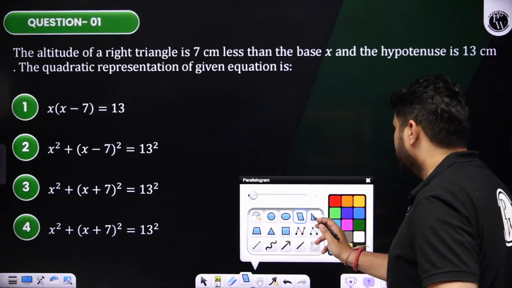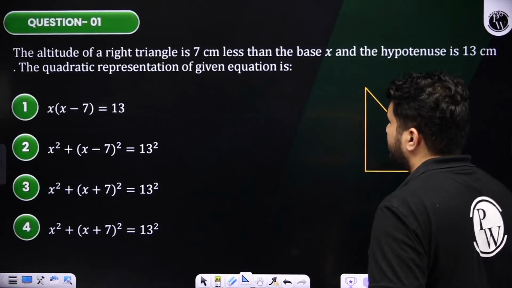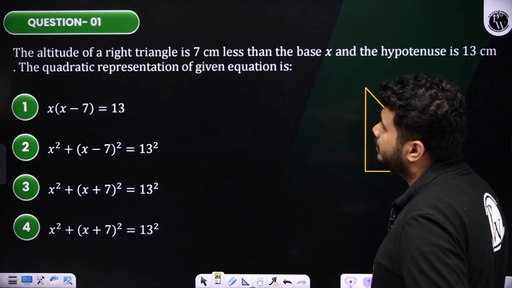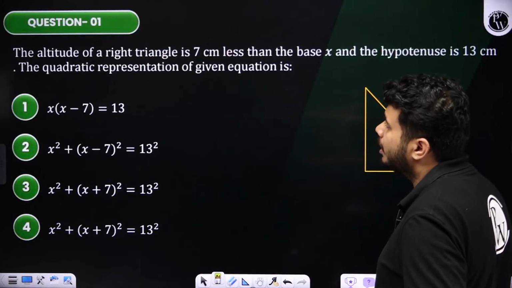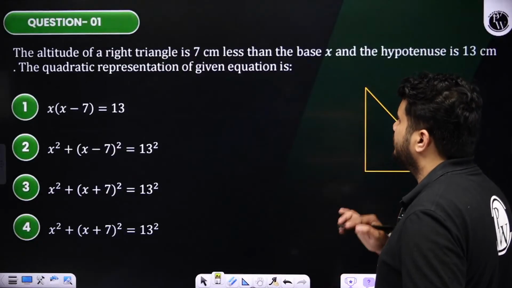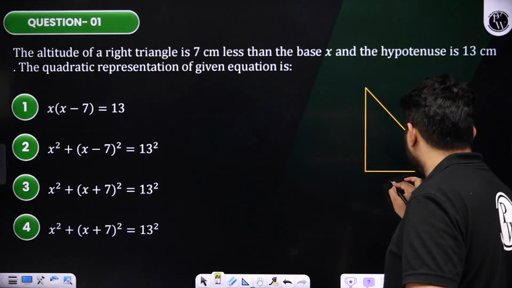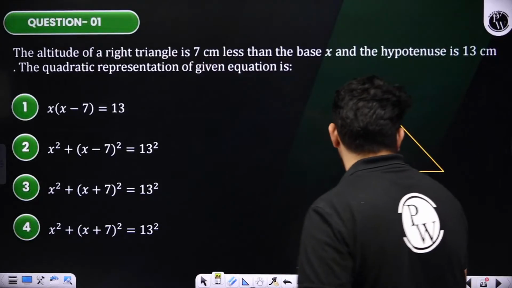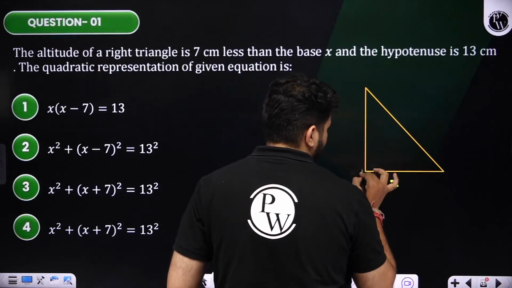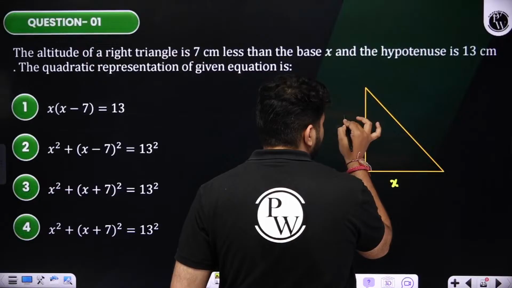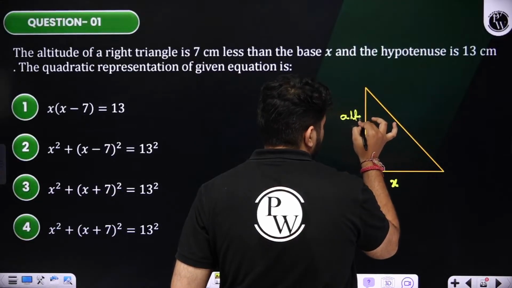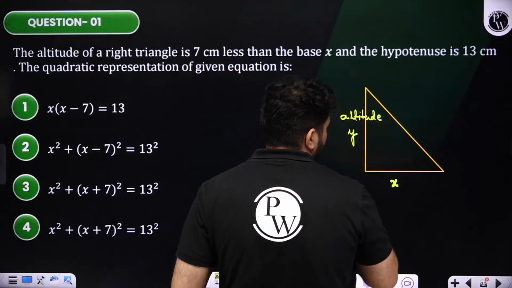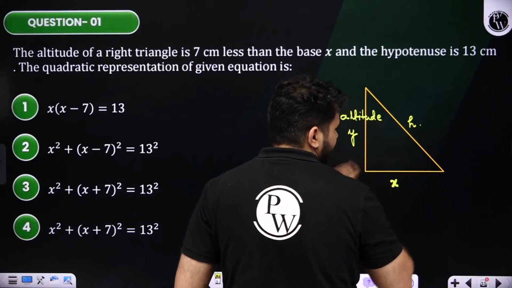Observe here, we'll construct a right angle triangle. They are telling that in a right angle triangle the altitude is 7 cm less than the base x. Taking the base as x, the altitude as y, and this is the hypotenuse.